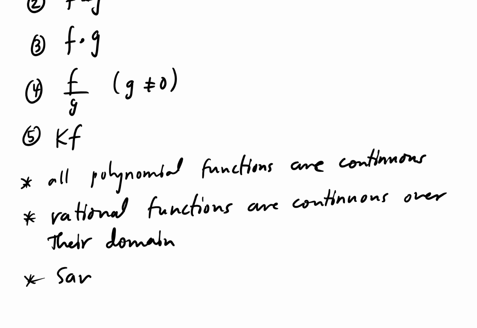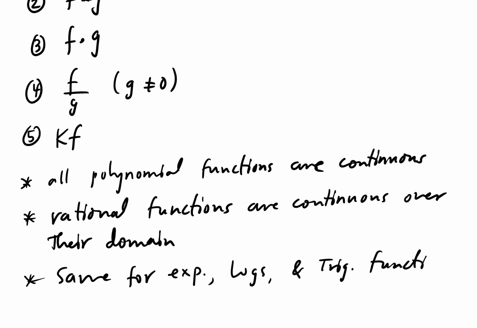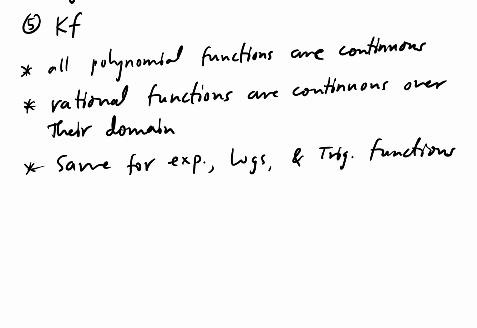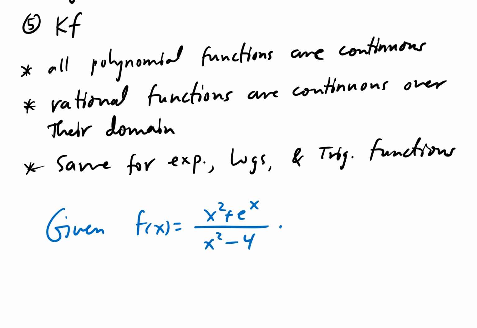Same works for exponential functions, logs, and trig functions. If we look at a function here, an exponential function, or this x squared plus e to the x over x squared minus 4, let's look at this function.